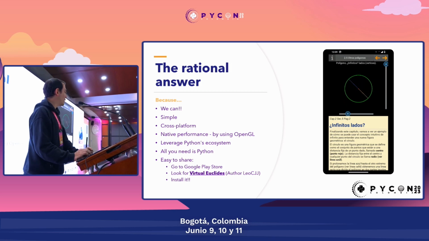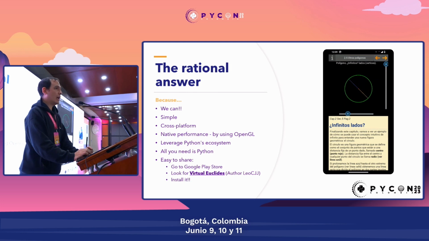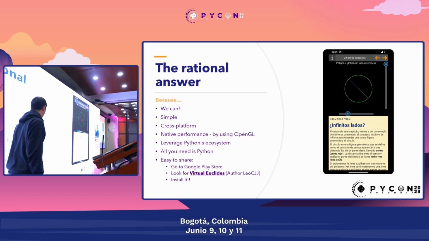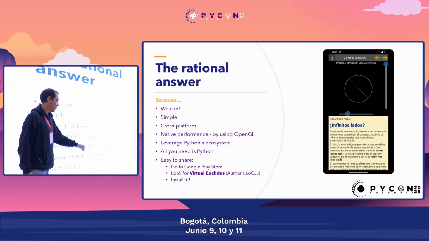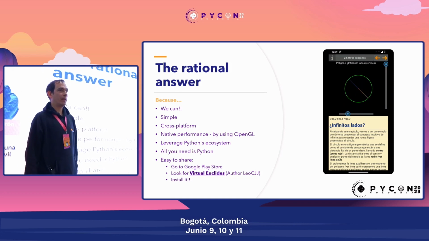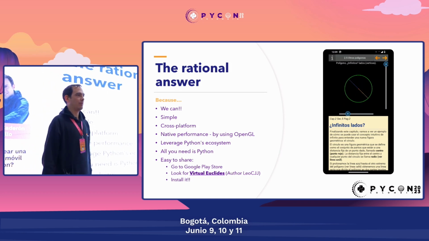And if you want to test, I hope you do that, please download the app. You can find it in the Google Play Store, just with the name Virtual Euclides. And just to verify that it is the right app, you can check my author. The author is Leo CJJ.